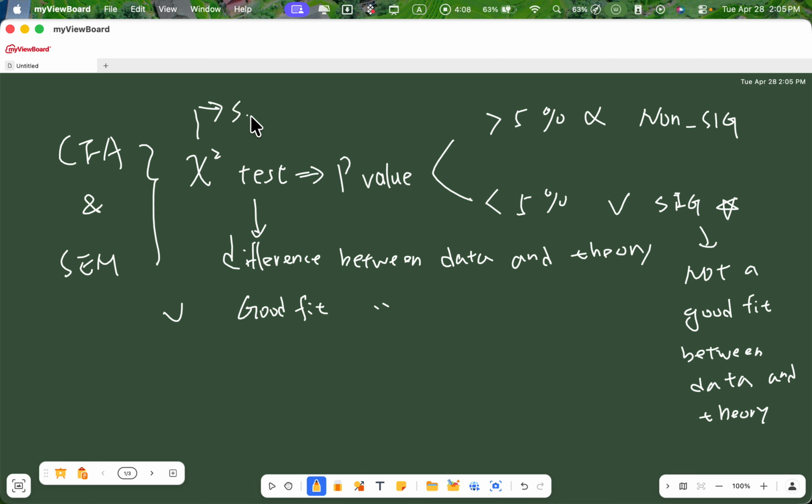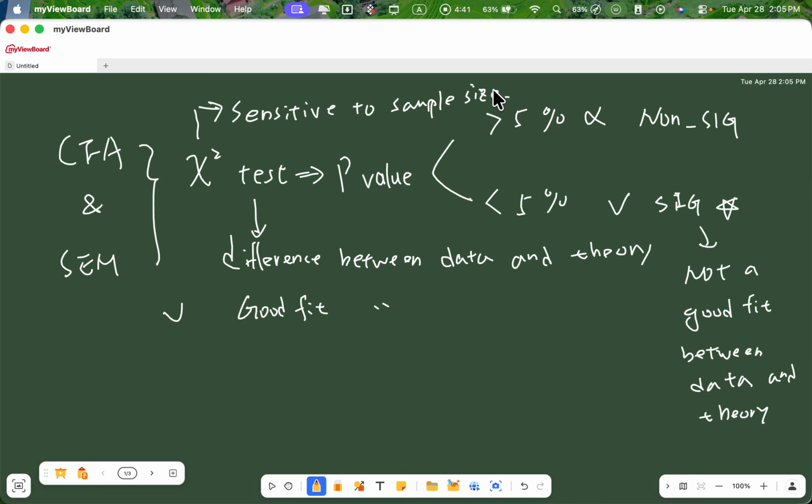Because the chi-square is sensitive to sample size. If you collect a lot of data, for example, more than 100 or even more than 200, then the p-value of chi-square will usually be less than 5%.